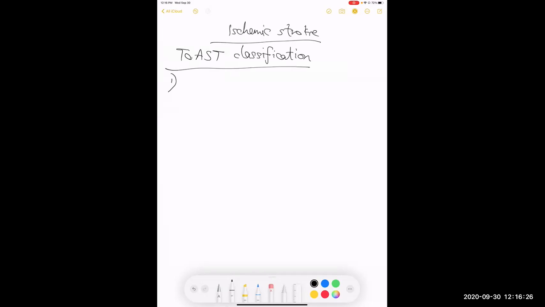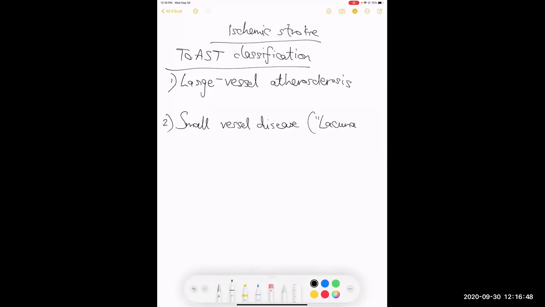And there are 5 main categories of ischemic stroke. First one is what we call large vessel atherosclerosis. Second one is small vessel disease. These are also referred to as lacunar strokes because of their smaller size.